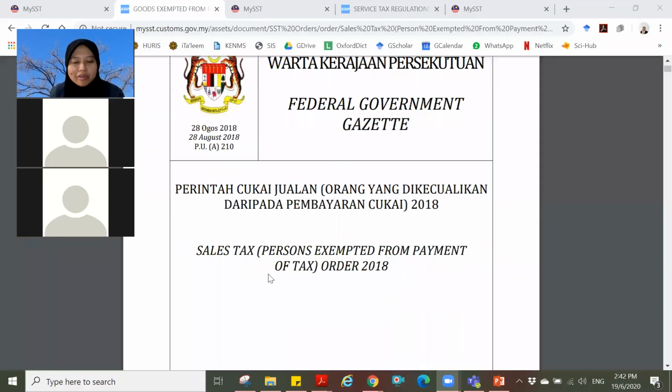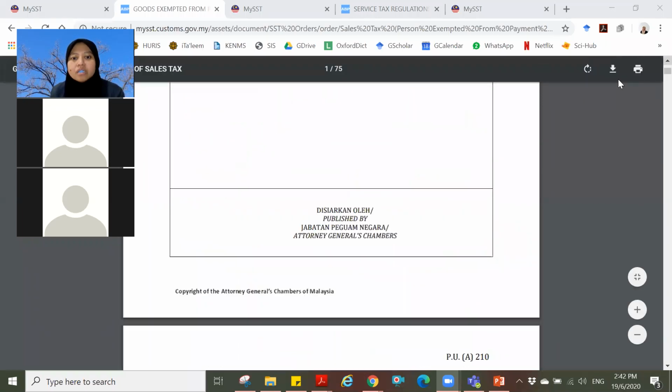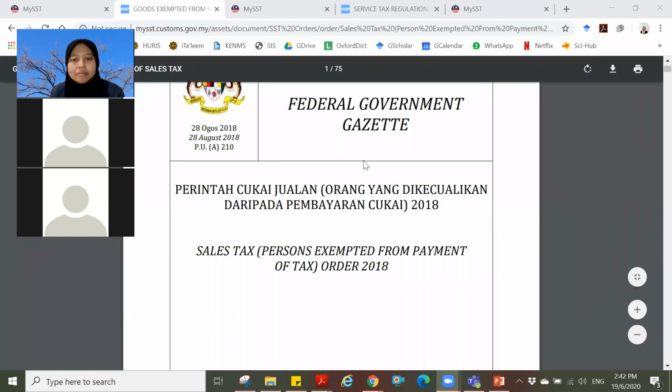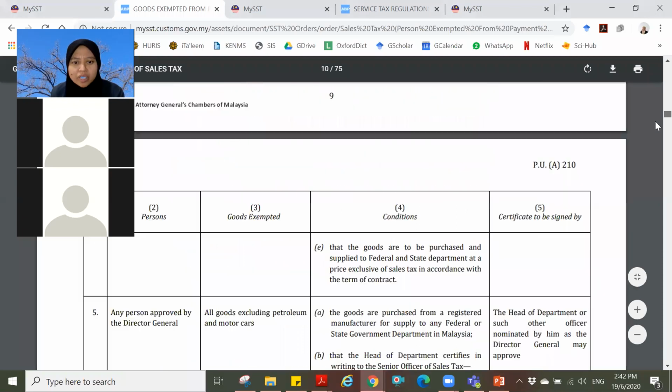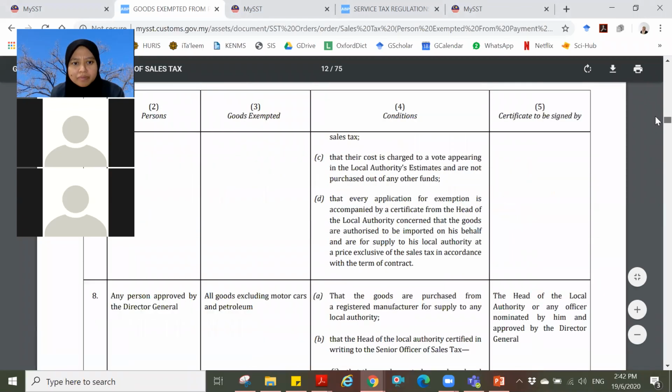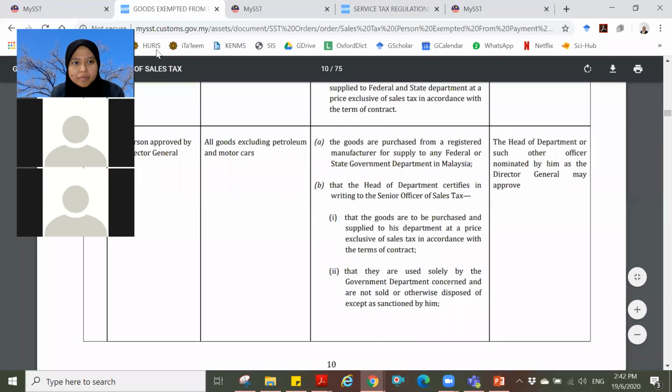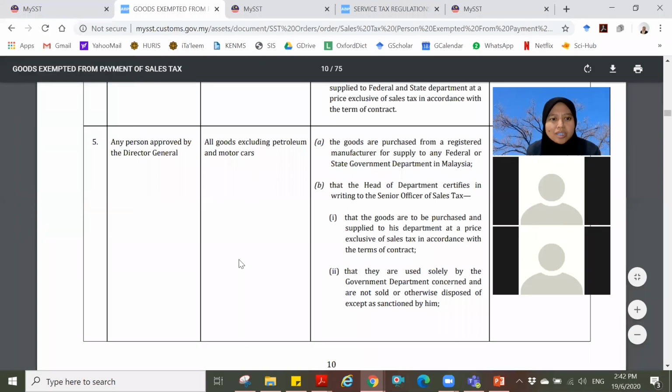This is the sales tax persons exempted from payment of tax order 2018, which lists down all the exempted goods. This is the original list, and they have after that issued a few more, but it's okay, we just look at the original one. You don't have to remember this, I just want to introduce to you.